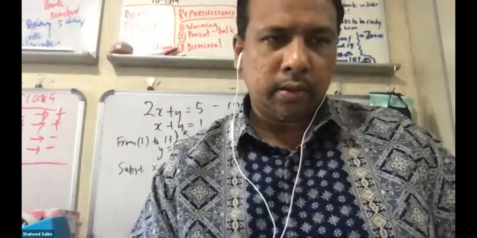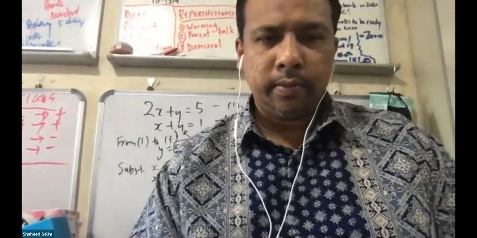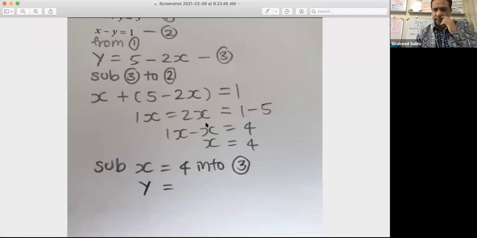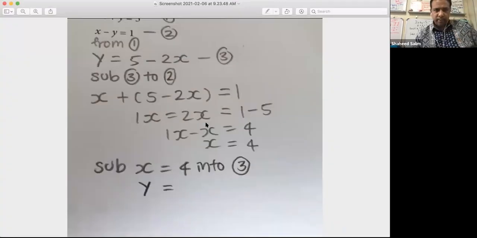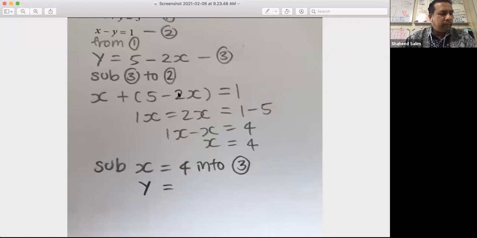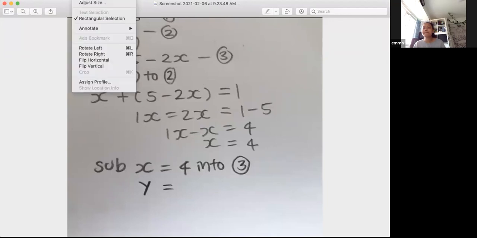Okay. Let us look at your working. Right, this is the one. So now from equation 1 you have become equation 3, 5 minus 2x. This down here is correct.